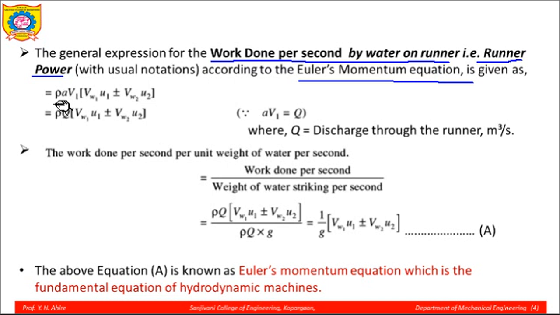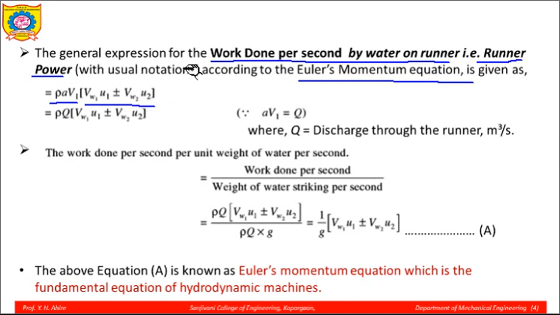So the derived formula is m dot into bracket Vw1 U1 plus minus Vw2 U2. M dot is nothing but mass flow rate, so that is rho a V1. Why V1? Because it is a case of a series of radial curved vanes and not a single moving vane. So that's why rho a V1, absolute velocity V1 into Vw1 U1 plus minus Vw2 U2.